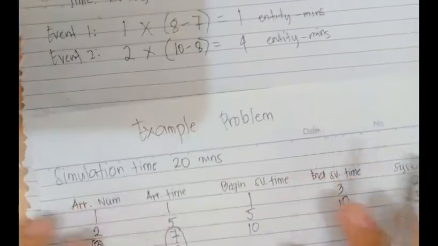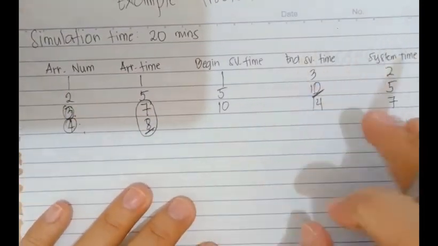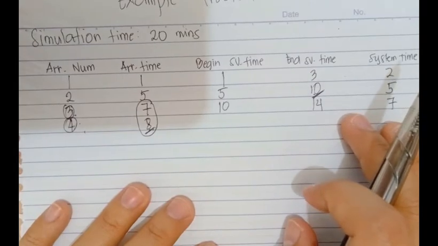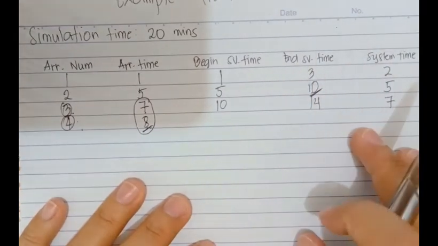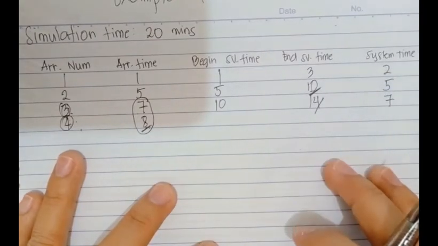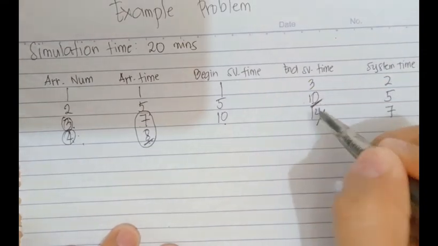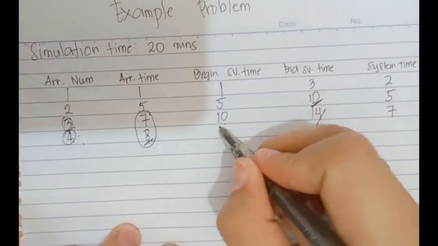Now, the next relevant event is the end service of entity 3, which is 14 minutes. Let me just fill this up first. When entity 3 ends, entity 4 starts.